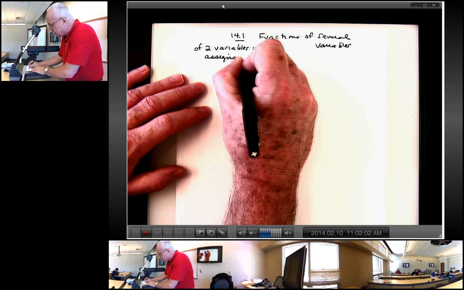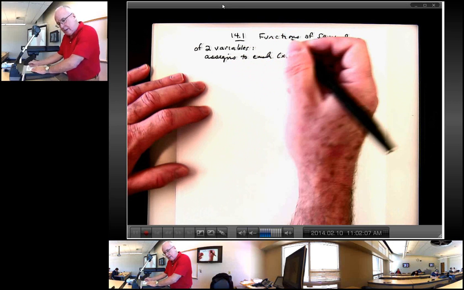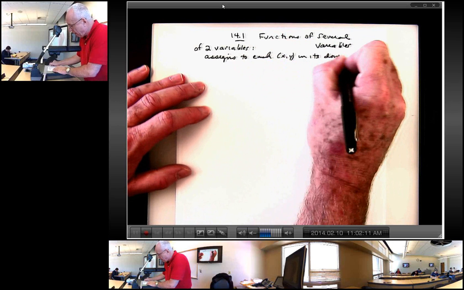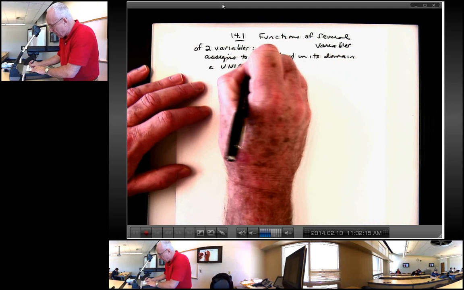It assigns to each (x, y) that's in its domain a unique real number.